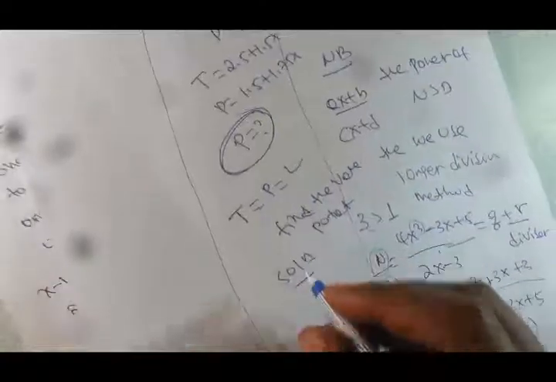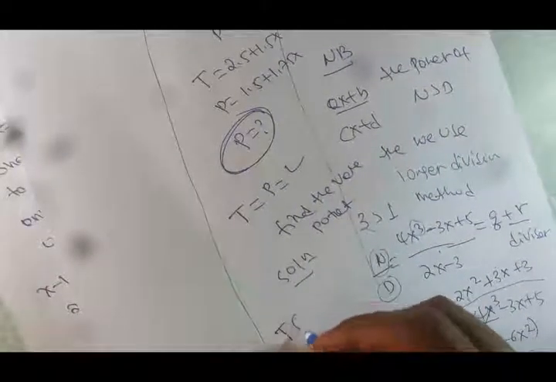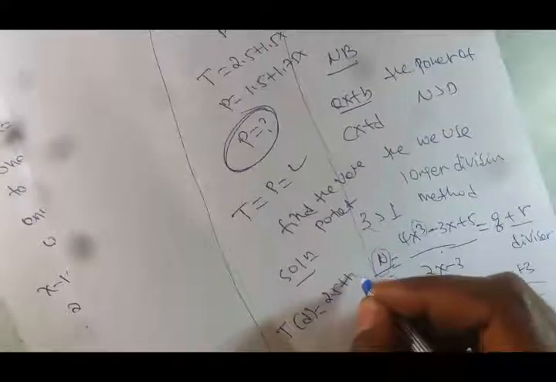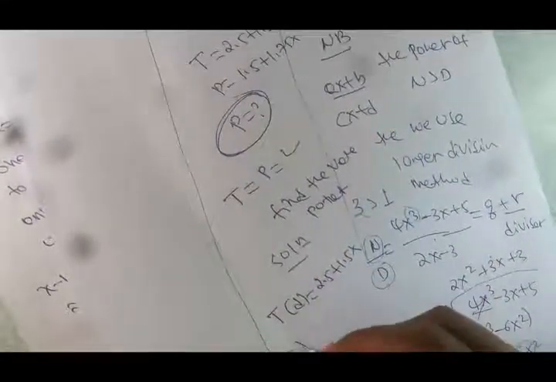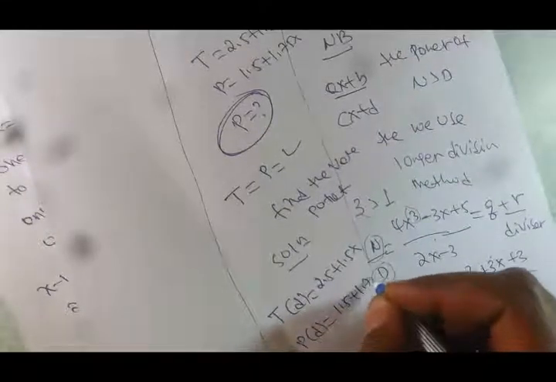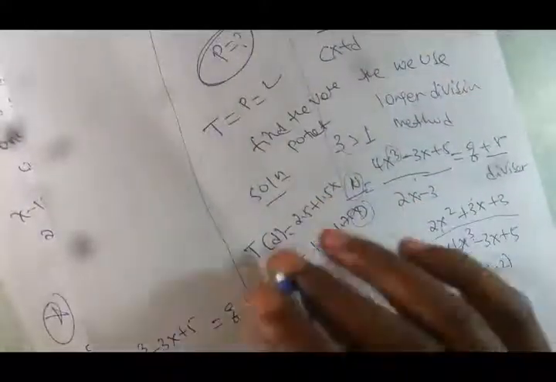Solution. We are already given T in dollars is given by 2.5 plus 1.5x. P in dollars is given by 1.5 plus 1.75x, and we are given that the price of tomato and the price of potato are the same.